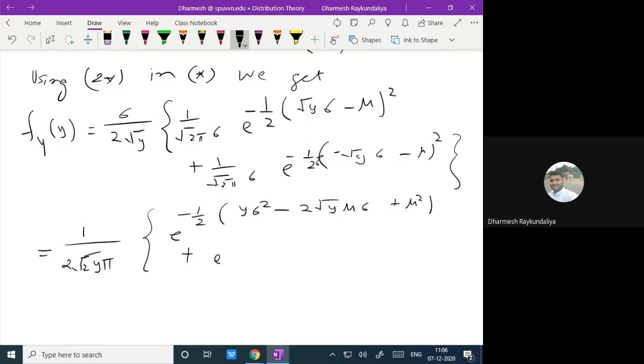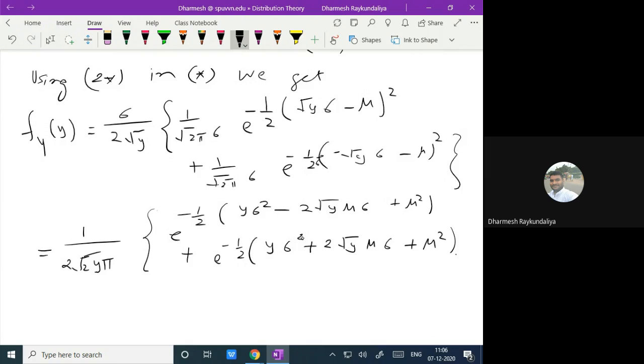And here it is e raised to minus half, y sigma square, and this is minus 2 times, so instead of that it becomes plus, so 2 times root y mu sigma plus mu square.